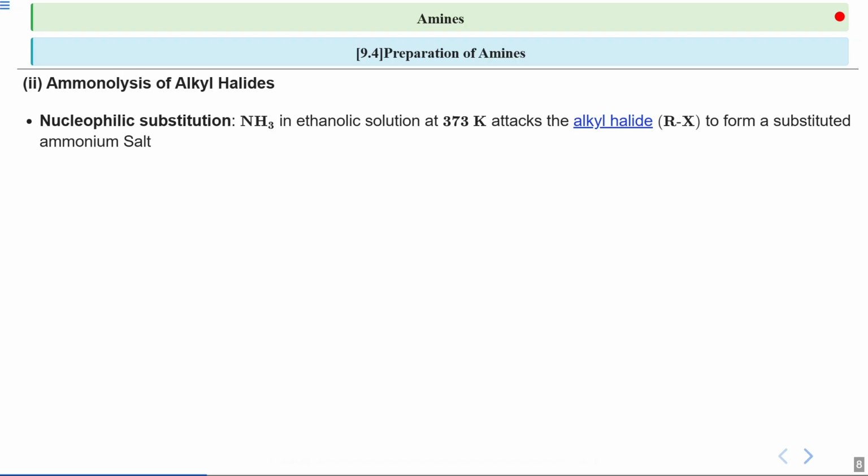In an ethanolic solution at 373 Kelvin, the ammonia attacks the alkyl halide, which is represented as RX, where R is an alkyl group and X is a halogen. This reaction forms a substituted ammonium salt. You will see here how ammonia replaces the halogen atom in an alkyl halide.